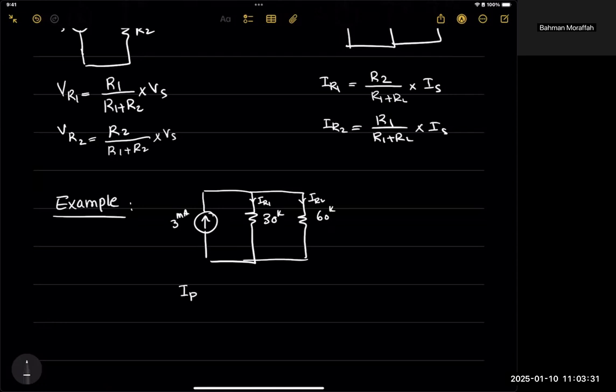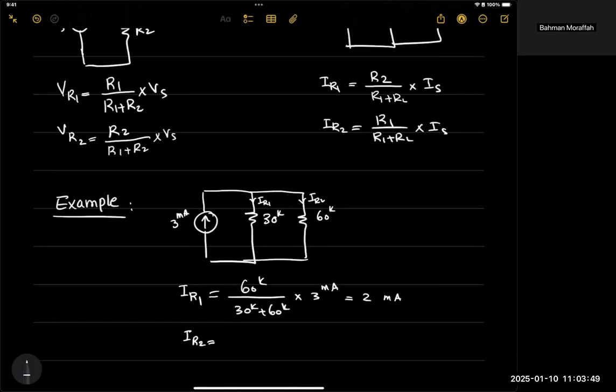Again, because of the formula, I through R1 is proportional to the value of R2. So it's going to be 60K divided by 30K plus 60K times 3 milliamps, which is going to be 2 milliamps.